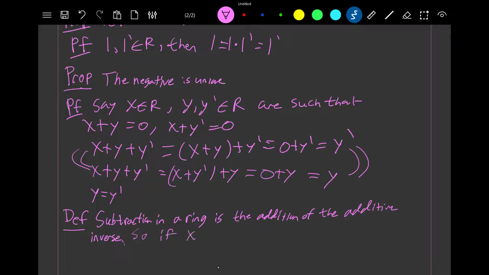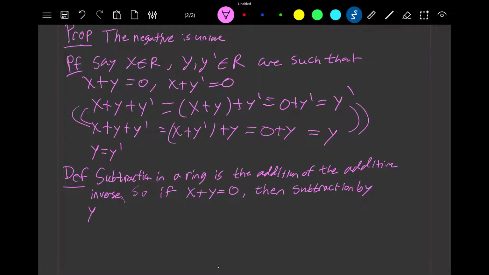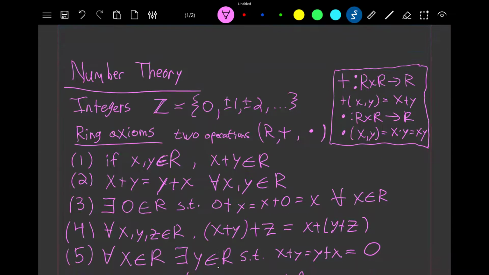So if x plus y is equal to 0, then subtraction by x is the addition of y.